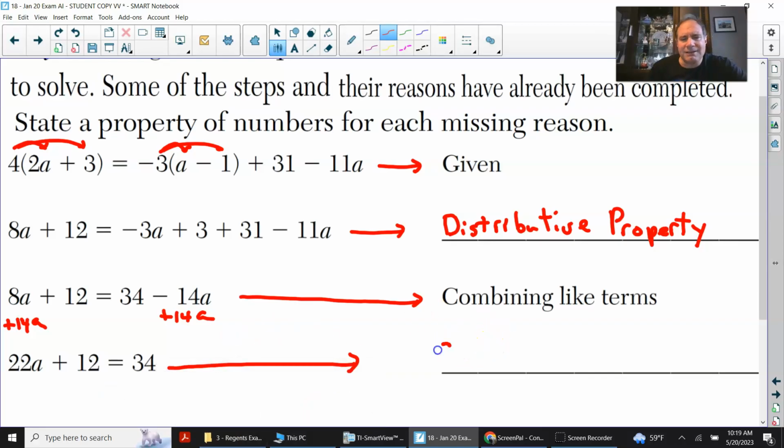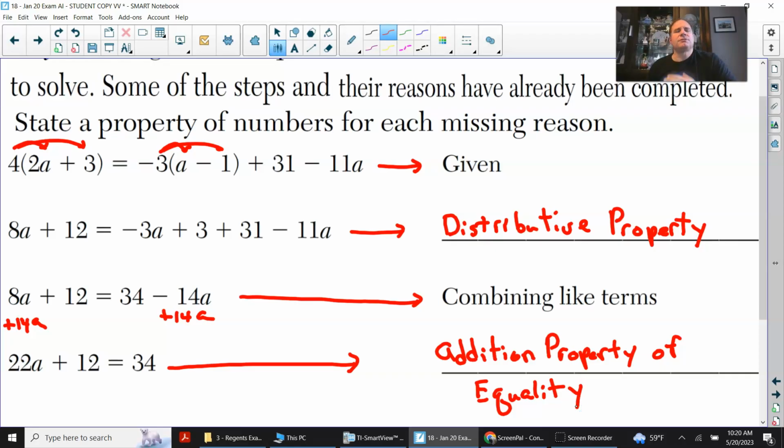So this is called the addition property of equality. So it's just adding 14a on both sides of the equation. If you were subtracting, it would be the subtraction property of equality. And that is full credit. You're finished with that question.